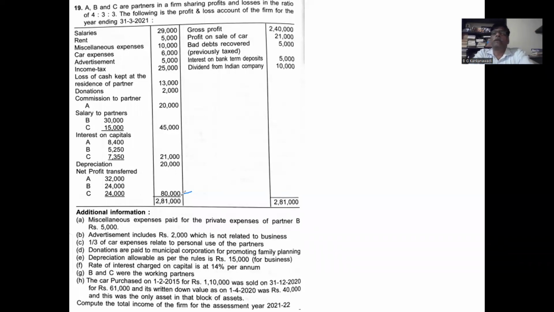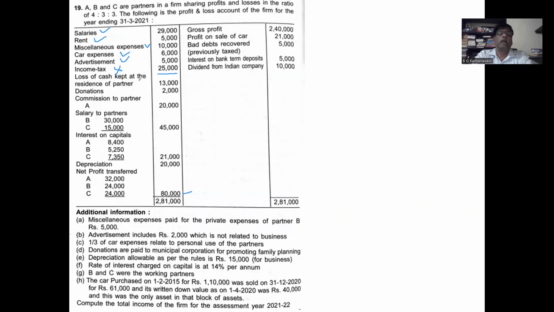Add disallowed expenses. First, salary is allowable. Second, rent is allowable. Third, miscellaneous expense is allowable. Car expense allowable. Advertisement allowable. Income tax disallowed. First disallowed expense is 25,000 income tax.